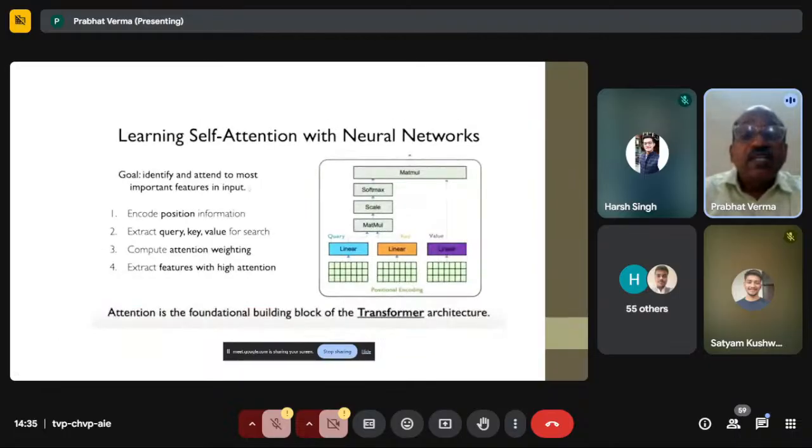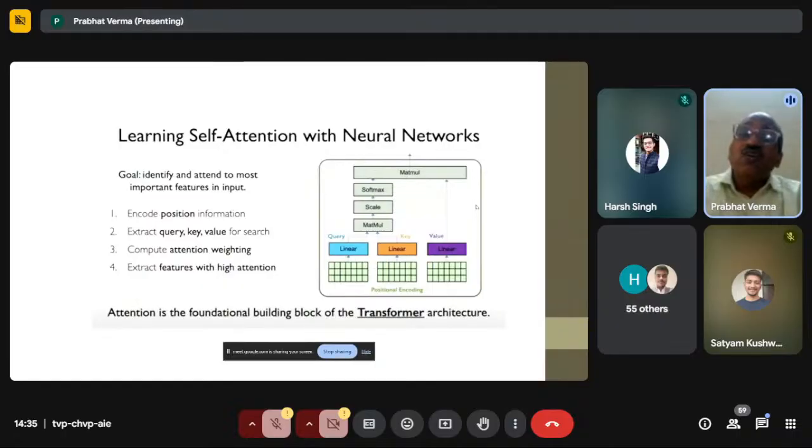So attention is the foundation building block of the transformer architecture. What is the benefit of this attention mechanism? You can create large language models, where very distant similarities are captured, and we see that in the form of ChatGPT and all that, which brings context to our queries, right?